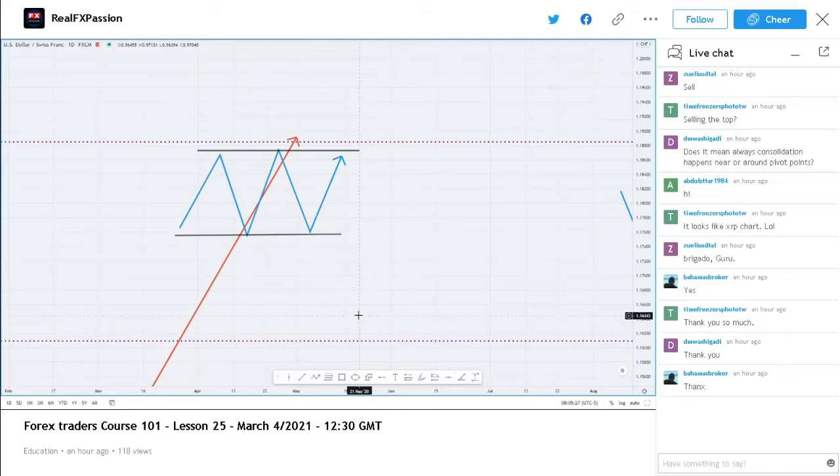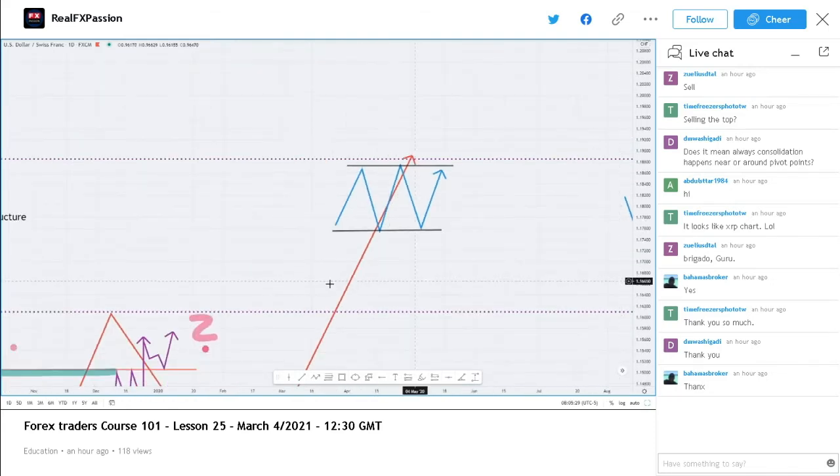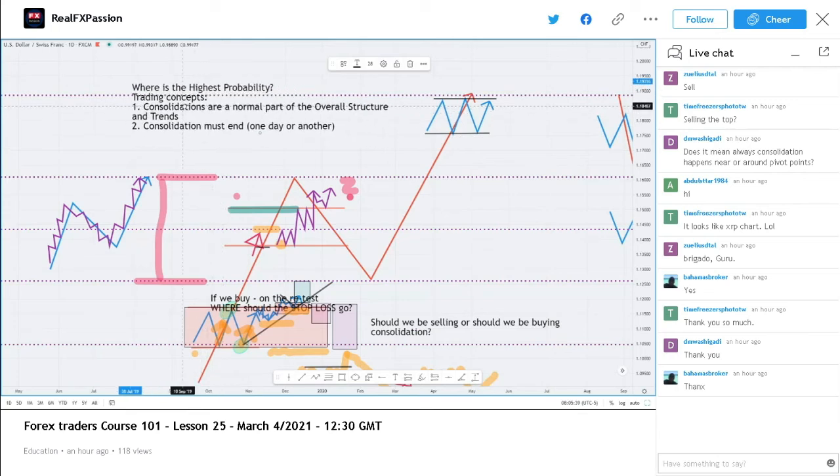Buy or sell up in here? So this area is the third different area up in here. Zuelius says, oh, sell. Selling the top? Exactly.